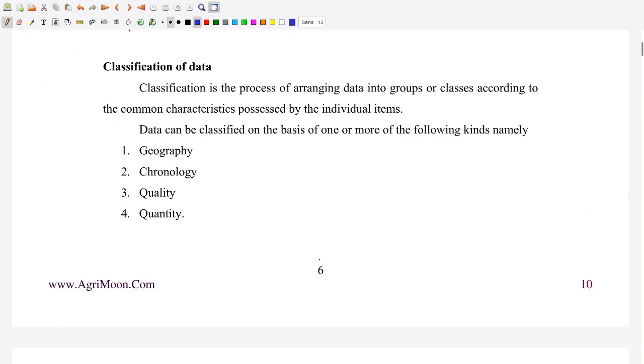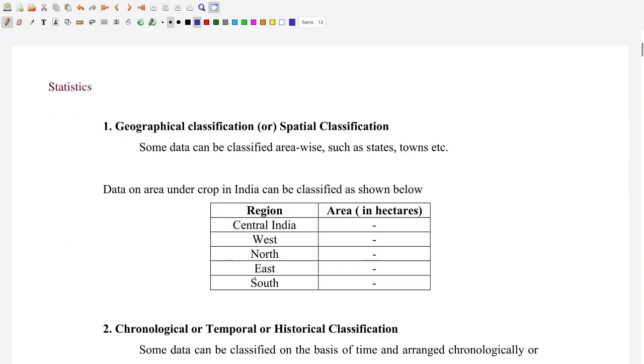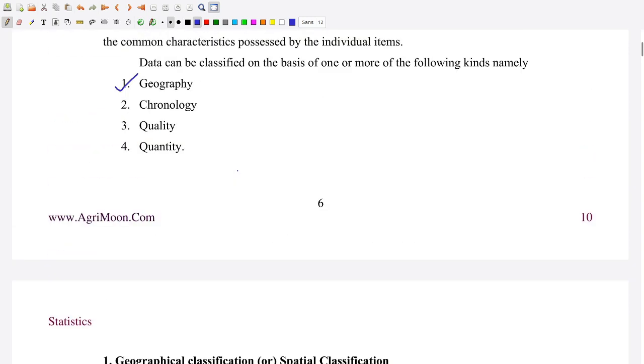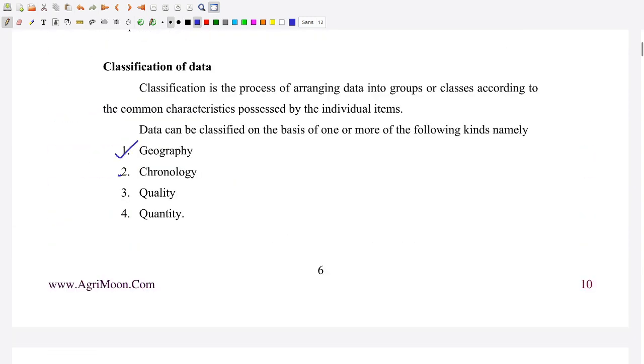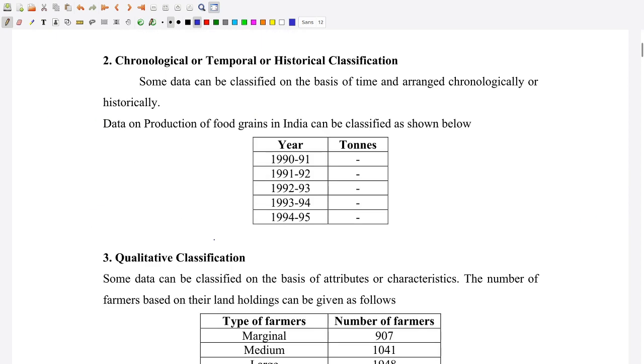Data could also be classified on the basis of geography, that means location, according to the region. For a particular region we have particular data. Then according to chronology, that means based on history, for example starting from the year 1990 to 91, how many tons of yield were produced for a certain amount of food grain.